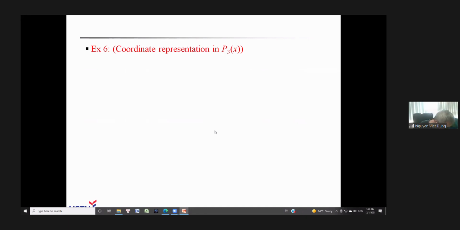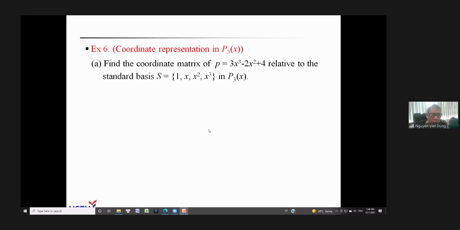Here is some more examples for you: the coordinate representation in P3. I need to remind you what P3 is. P3 of X is the vector space of polynomials of degree less than or equal to 3. The space of all polynomials whose degree is less than or equal to 3.